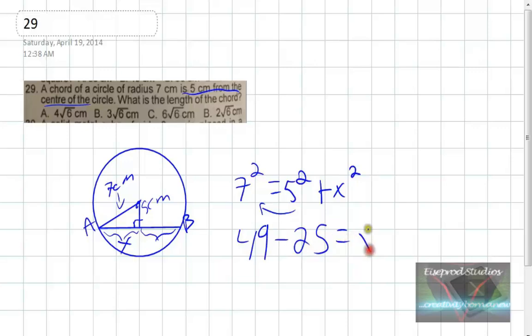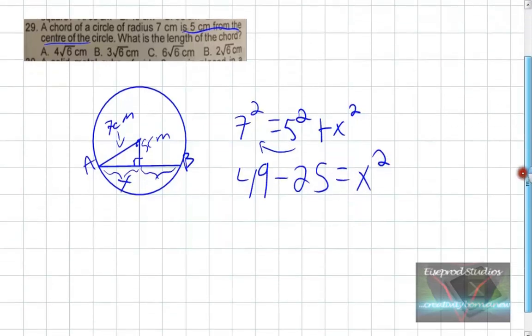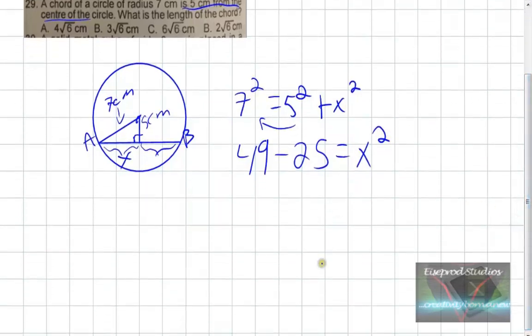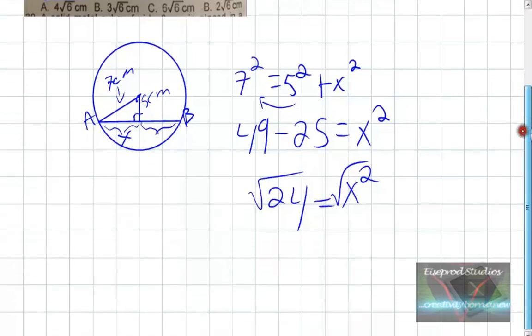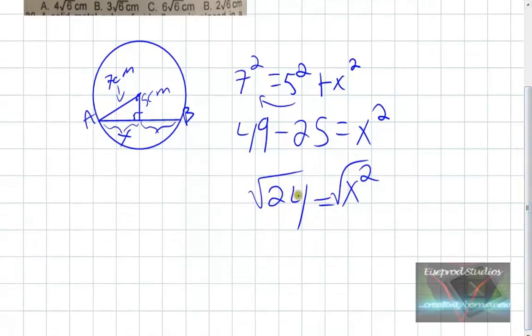It's going to be equal to x squared. So 49 minus 25 is 24, which is equal to x squared. And so we can take the square root, and we'll ignore a negative answer because that won't make sense in the context of this.